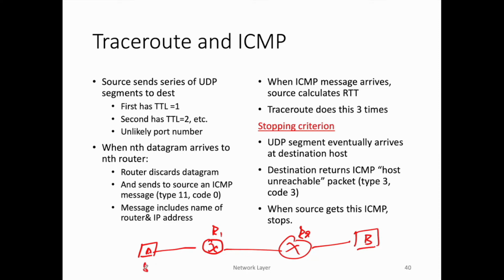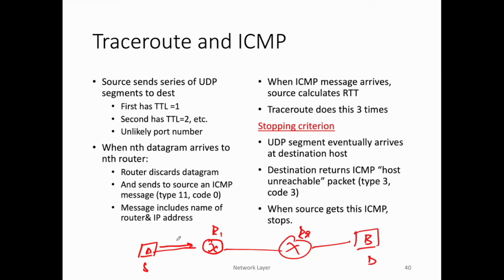So we have a source and a destination, and we want to see which path is taken to reach the destination machine B. By the way, traceroute is a very important command used by network administrators for network management.